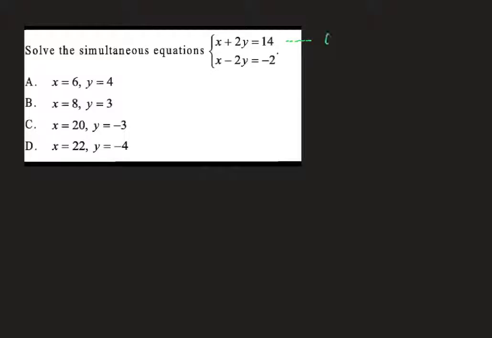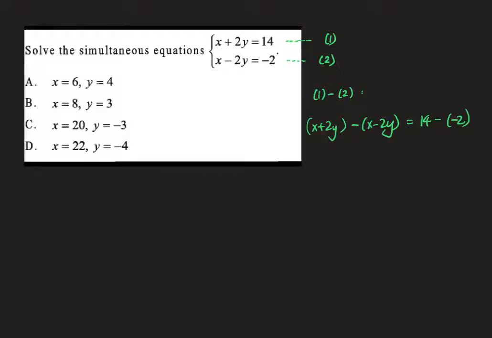For example, if I call this one equation 1 and this one equation 2, if I use subtraction, that is 1 minus 2, what will happen? Like this.